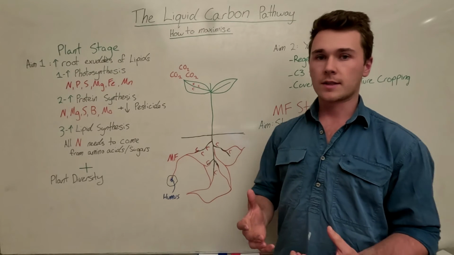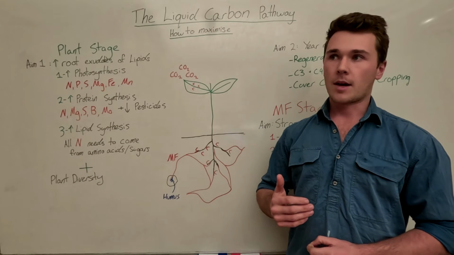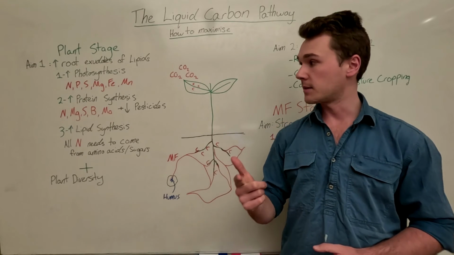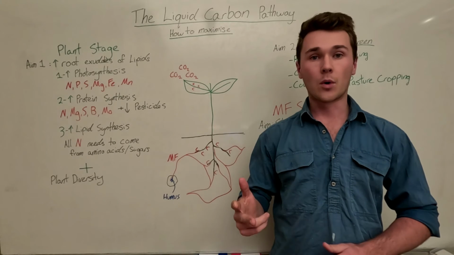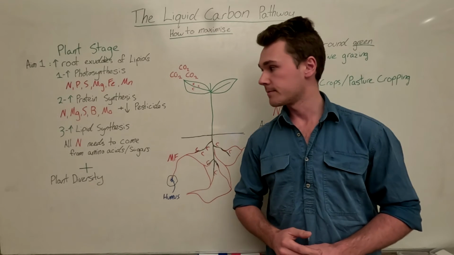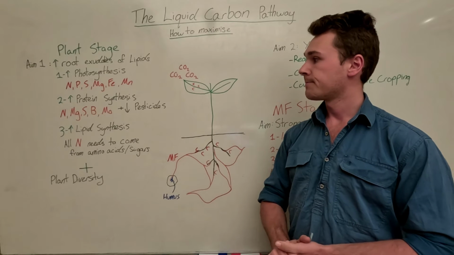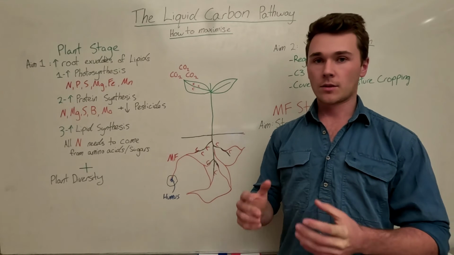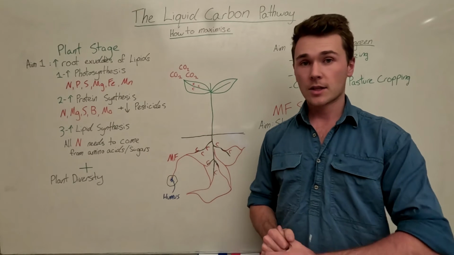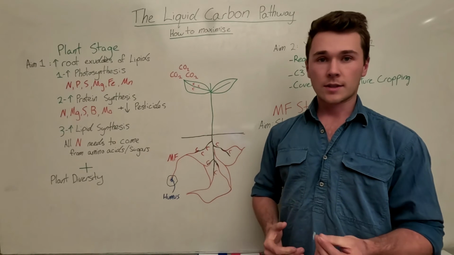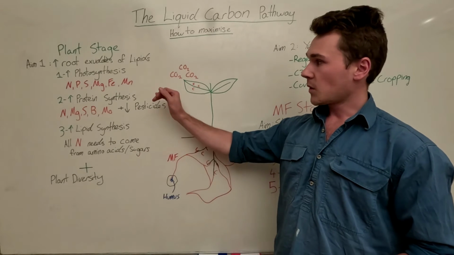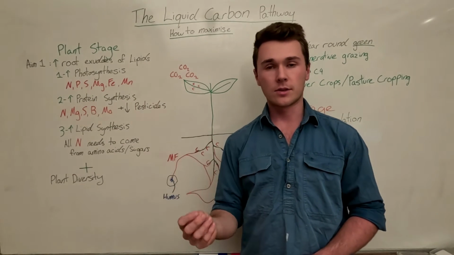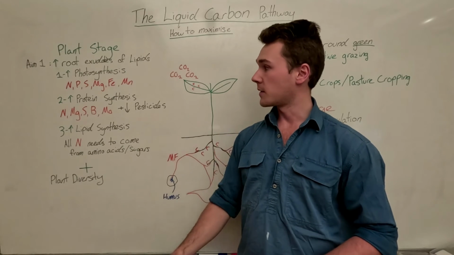Now, in order to increase lipid content, plants are required to increase their photosynthetic rate first and then their protein synthesis rates before being able to increase their lipid production. So a lot of this is nutritional in nature, and in order to increase our photosynthetic rate, we need to make sure that we have sufficient amounts of minerals and nutrients that are required for photosynthesis.